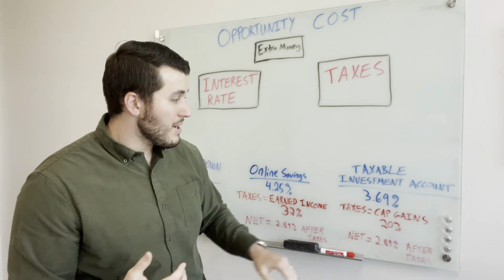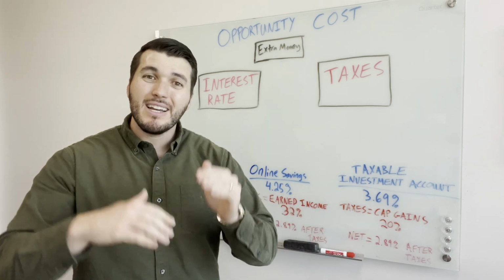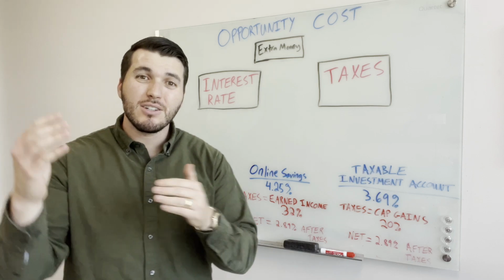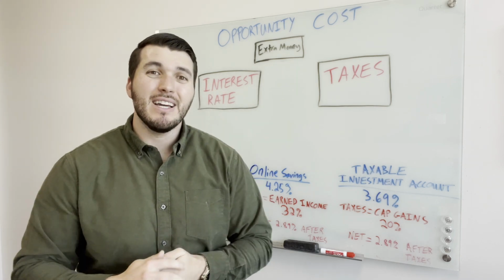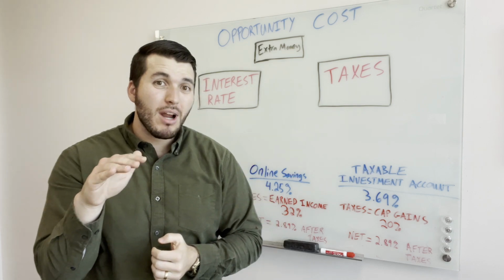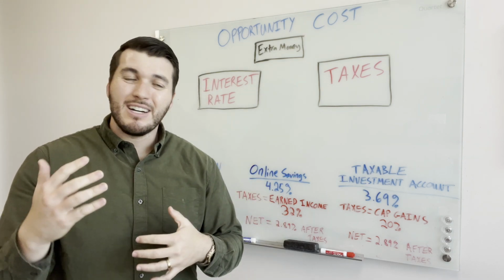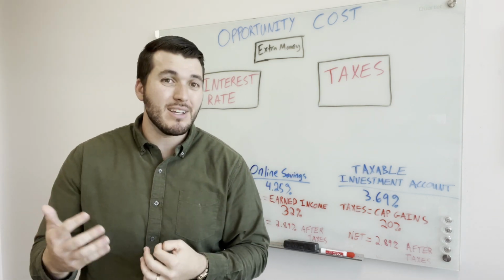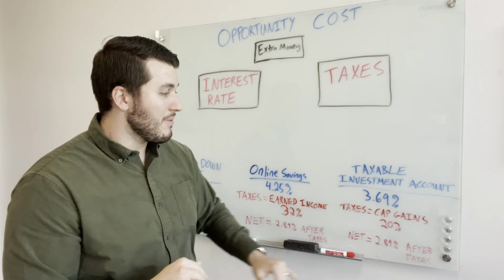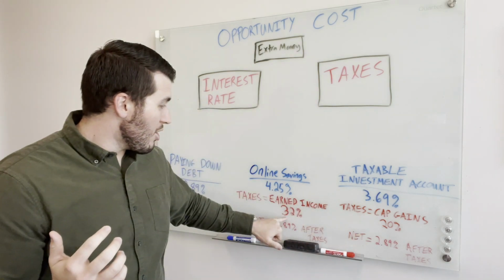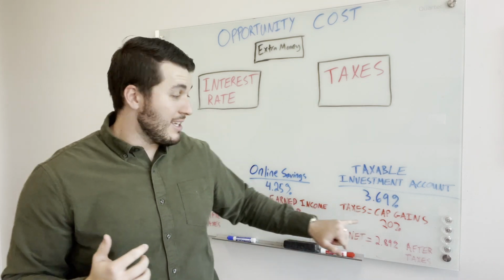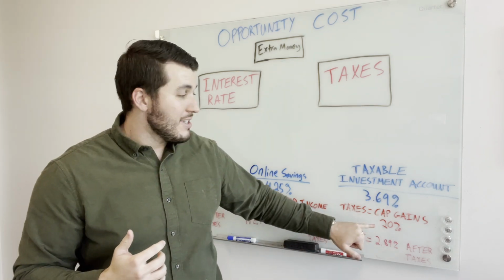So long-term capital gains rates, depending on your income, are somewhere between 15 to 20%. So again, in that same situation, if you're earning about $400,000, you're going to fall into that 15% bracket. And then most states have maybe a 3 to 5% state capital gains tax on top of that. And so let's call it 20%. So as you can see, already better than this other alternative here, so you're getting taxed a lot less.